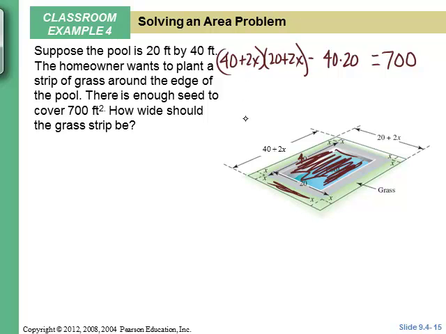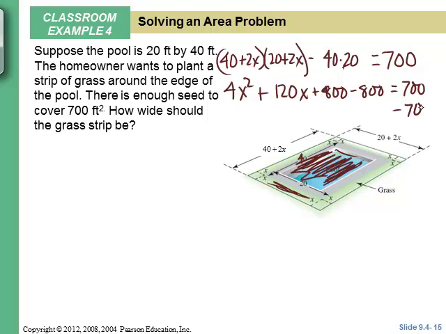Okay, this multiplies out to be 4x squared. 2 times 40 is 80, plus 40 is 120. And then 40 times 20 is 800, minus 40 by 20, which is, see, you've got the plus 800, and then minus 800 right here, equals 700.